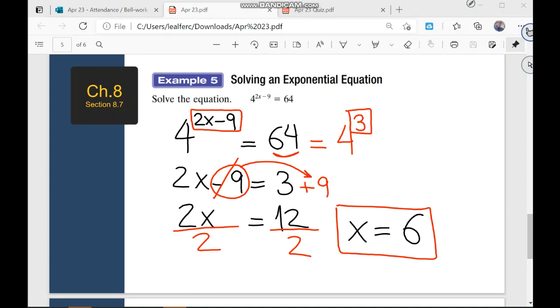Okay, questions? Any questions? What do you think? Makes sense? Do you think you can repeat this step by step on the questions that we have on the quiz? For all the questions on the quiz, you're going to be able to use this procedure.